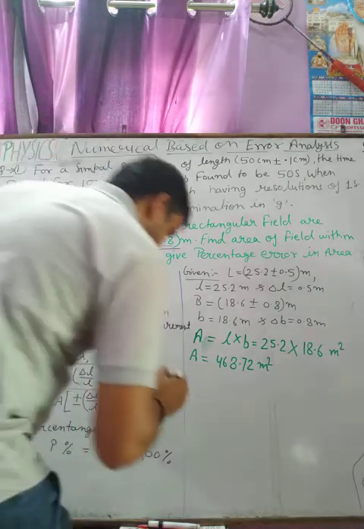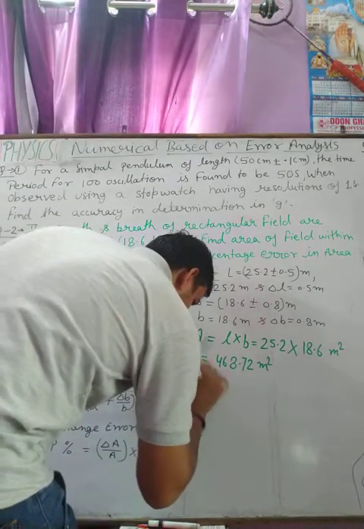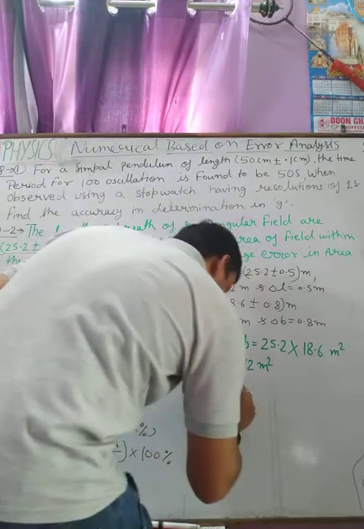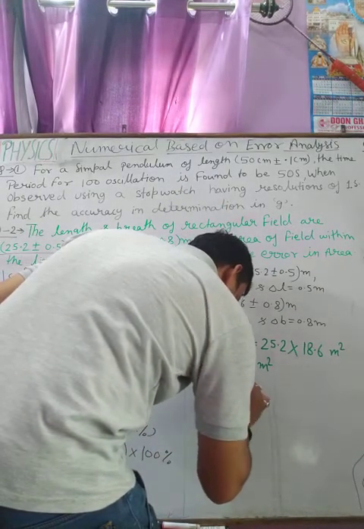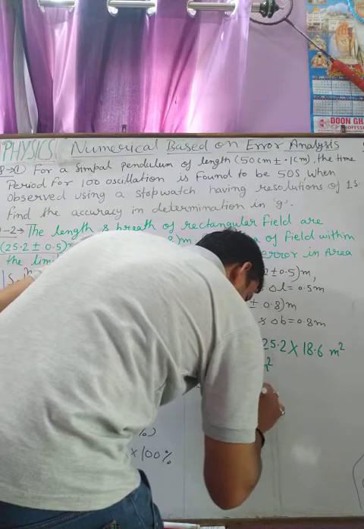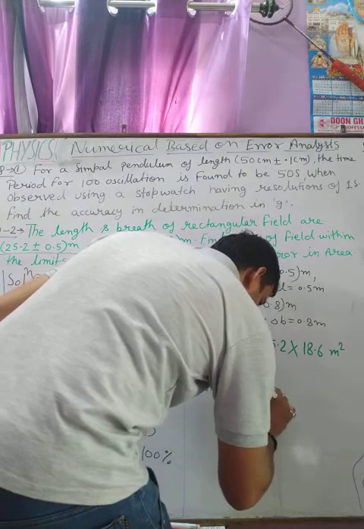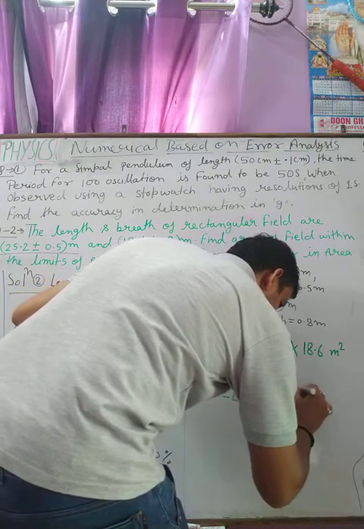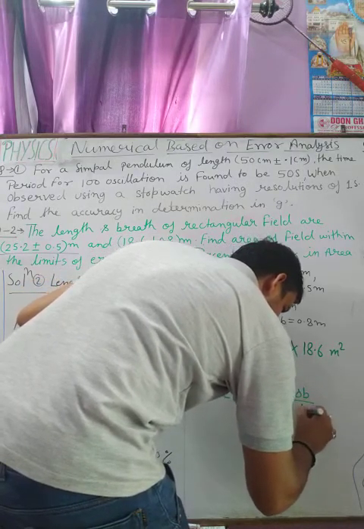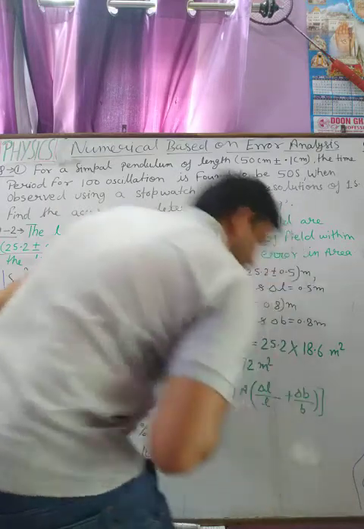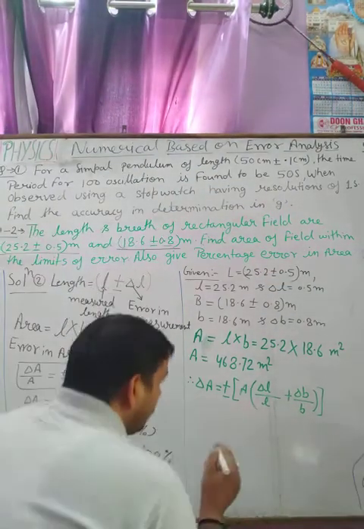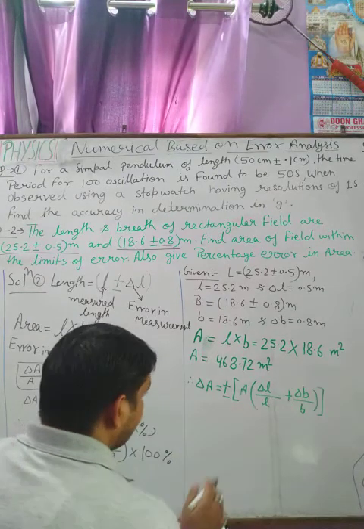So we have students, ΔA is equal to ± area into (ΔL upon L plus ΔB upon B), this formula. Okay, now we put all the values and solve it.